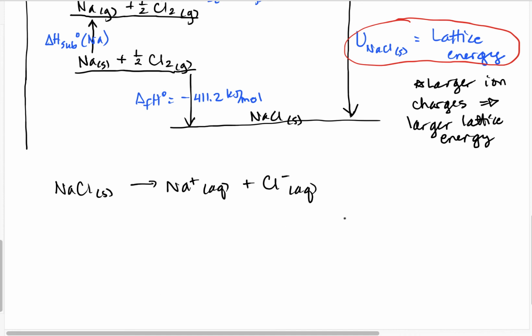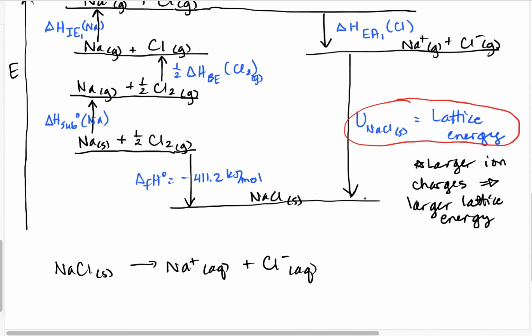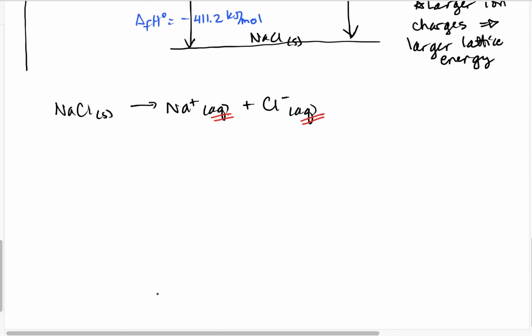So if we think about what's happening here and compare that to our Born-Haber cycle, the parts that are going to affect the resultant energy here are, we're going to have to take our sodium chloride, turn it into ions, that would be going uphill on the lattice energy, and then we're going to hydrate. We're going to go from the gaseous form of the ion of sodium and the gaseous form of the chloride to the aqueous form of those two ions. So this is a new Born-Haber cycle for us to look at.